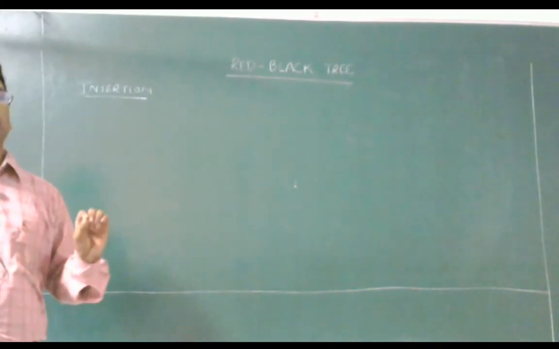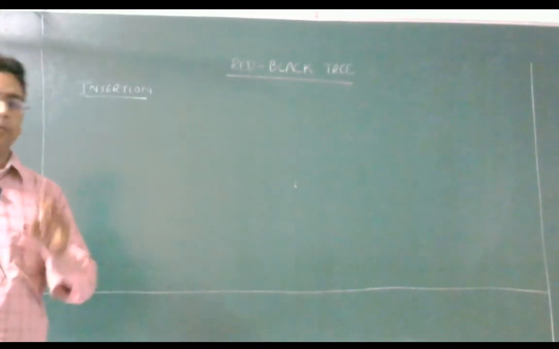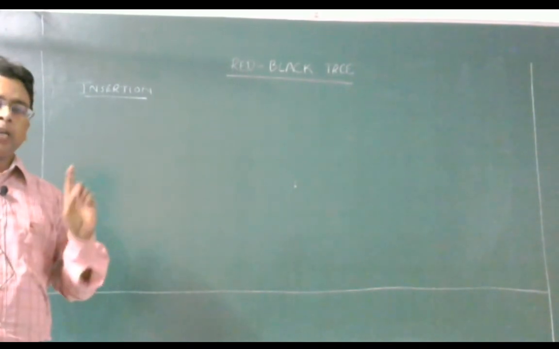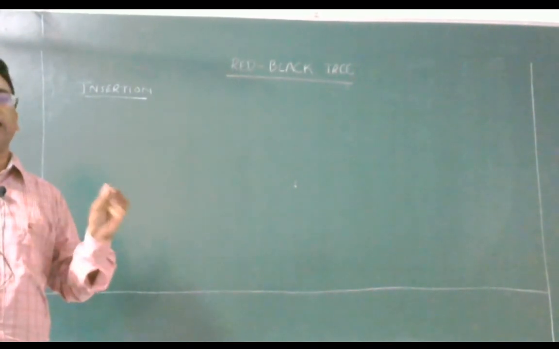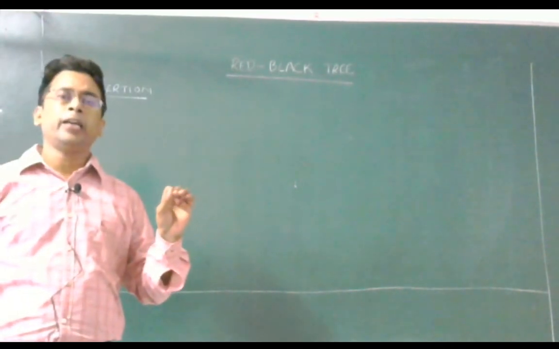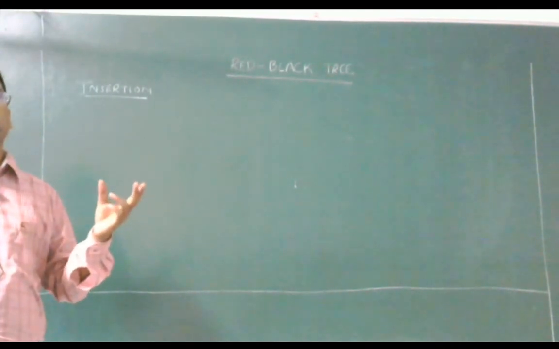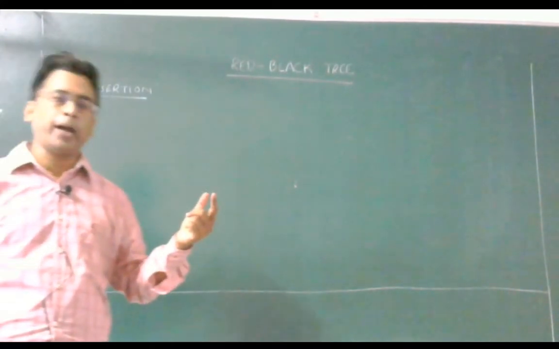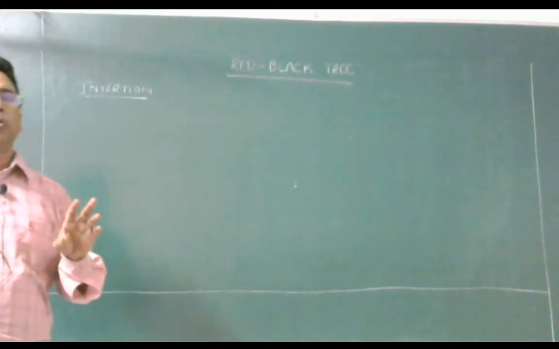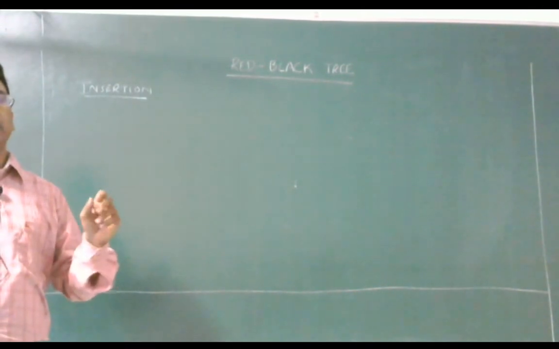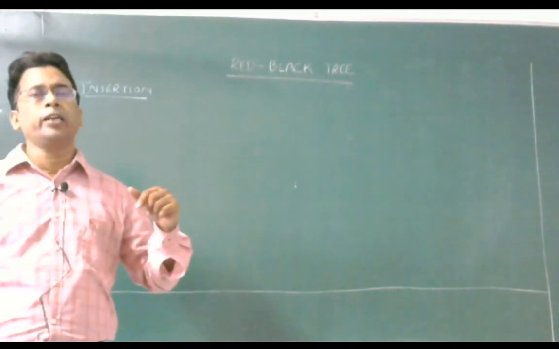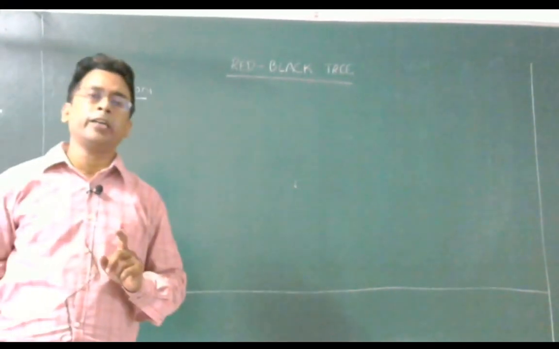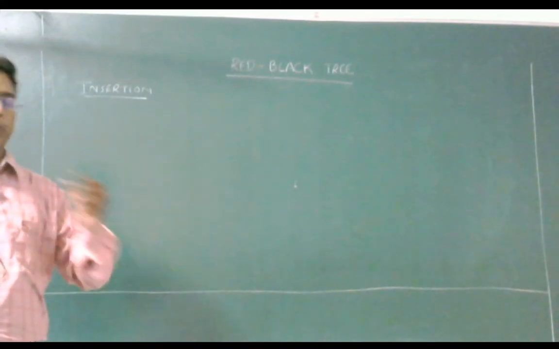Generalizing, case 1 is the same for both categories: when the uncle is red, we color the uncle and parent black and the grandparent red. Case 2 of category 1 is case 3 of category 2, and case 3 of category 1 is case 2 of category 2.